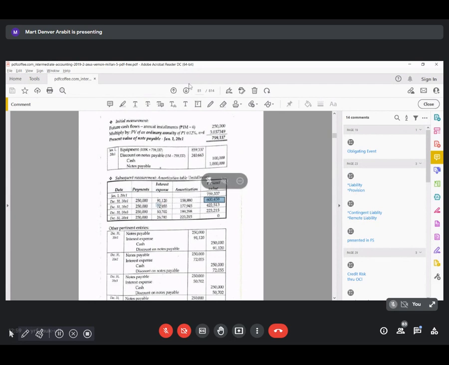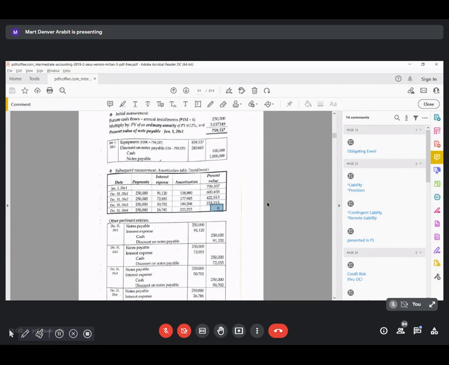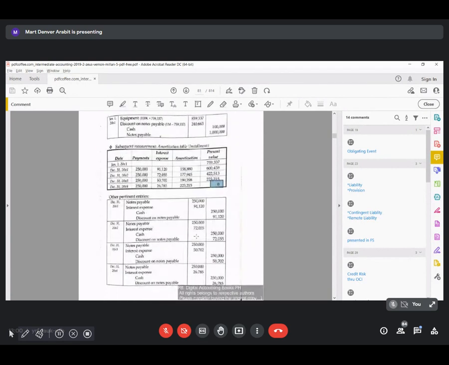So ang interest expense for 2022 is this amount, 72,000. I-less natin yung payments na 250 and then the amortization should be 177, which would be deducted sa carrying amount ng note until maging zero na siya. Okay. So ito yung mga computations niya.